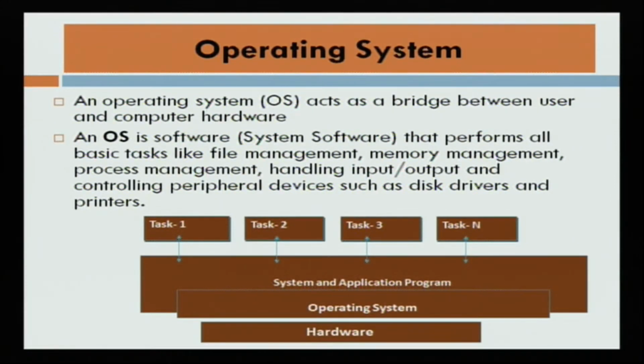Here I have segregated them as task 1, task 2, up to task n. These tasks may be a system program or an application program. As you can see here, the operating system lies in between the user and the hardware. In other words, we can say the operating system acts as an interface between the user and the computer hardware.